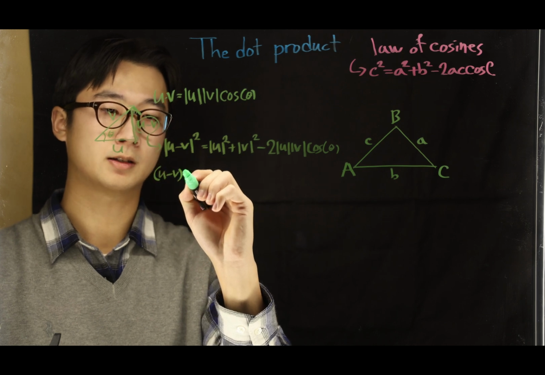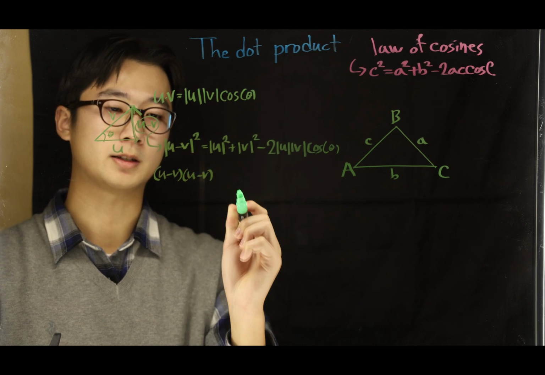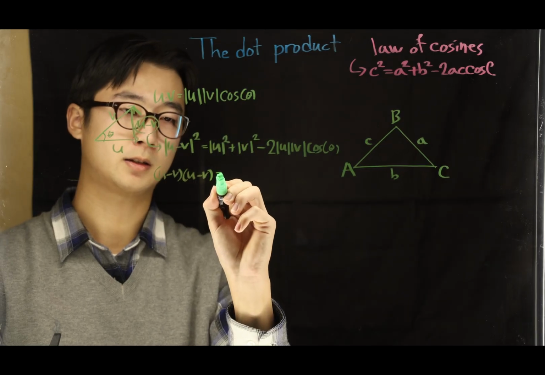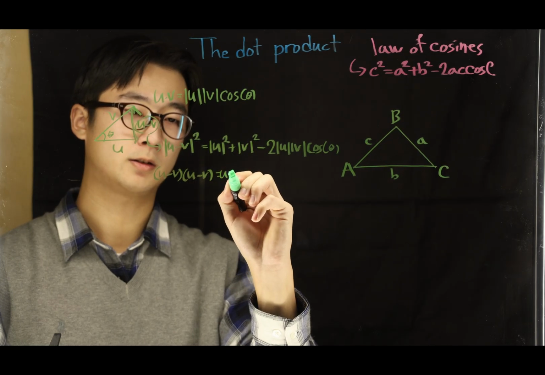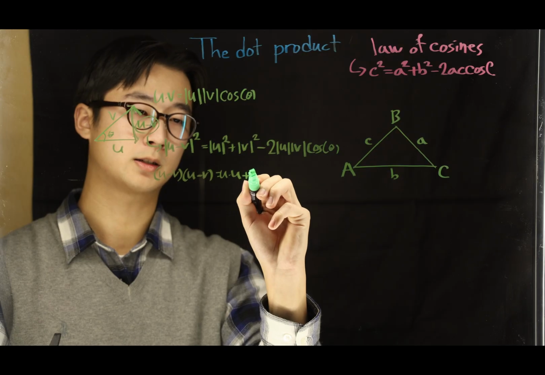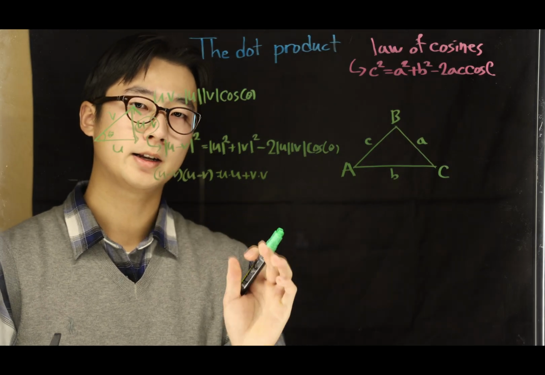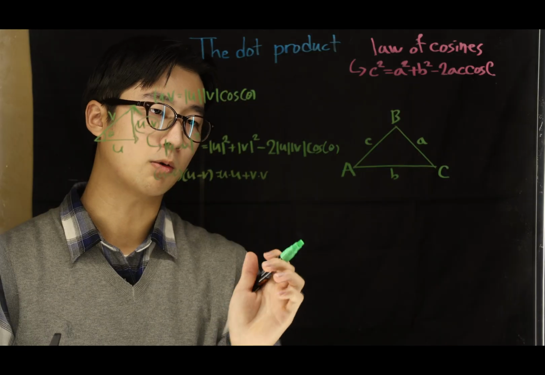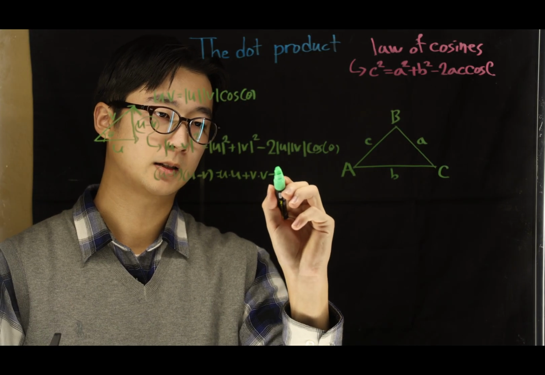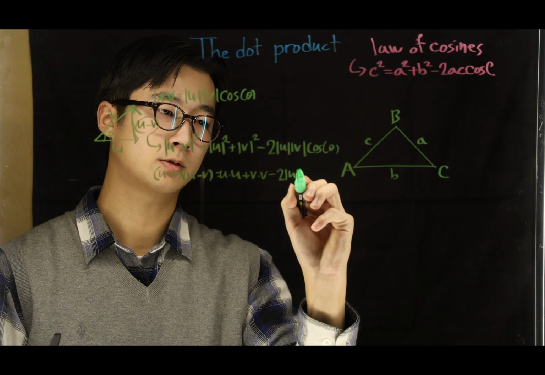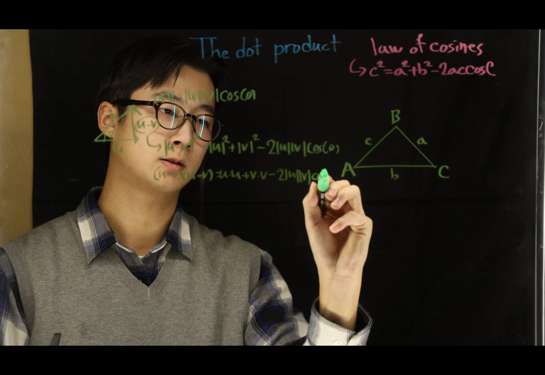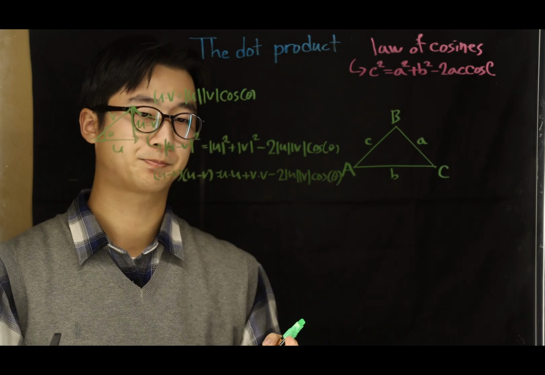Now we can rewrite the left side as u minus v dotted with itself, which equals u times u plus v times v. It is just a rewritten form, minus 2 times the magnitudes, the same cosine.